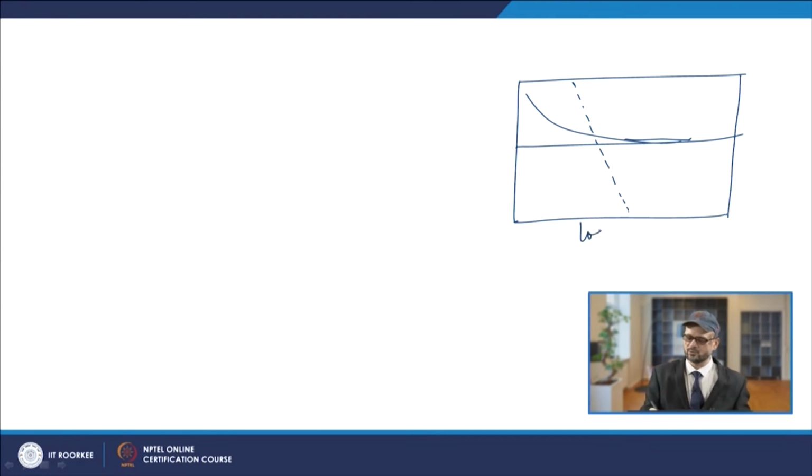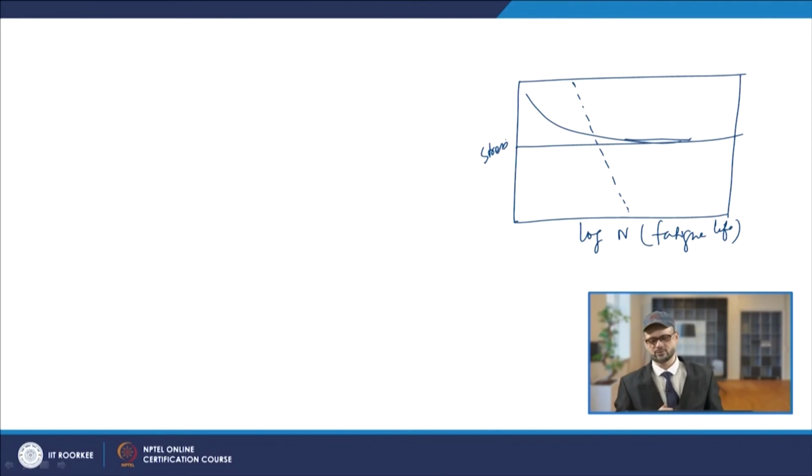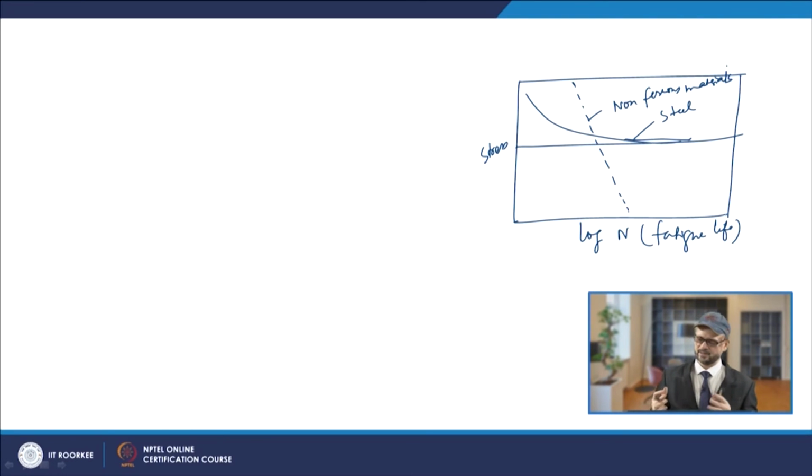So this is your log N, that is your fatigue life, and this is your stress. What you see, this is for the steel, and this is for the non-ferrous materials. So there is a difference between the way they respond to fatigue loading for the ferrous and the non-ferrous materials.